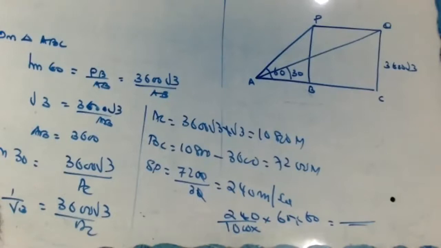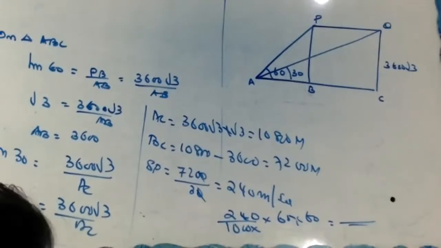After 2 seconds, the angle of elevation of the bird from the point of observation becomes 30 degrees. Find the speed of the bird.